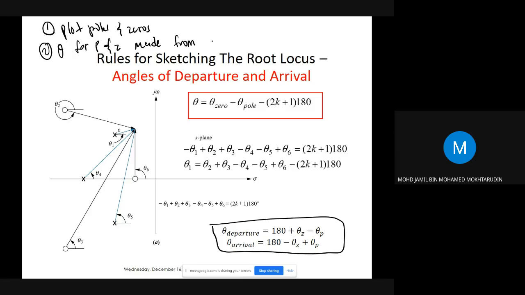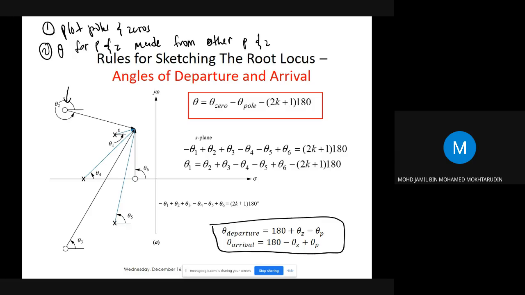So the angle for each pole and zero made from other poles and zeros. Okay, so for example, this angle, let's say this. Okay, yang ni. Okay, kita ambil ni. This 0 here.